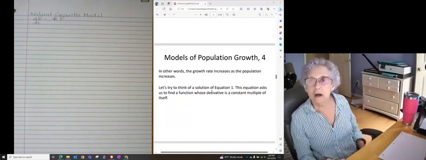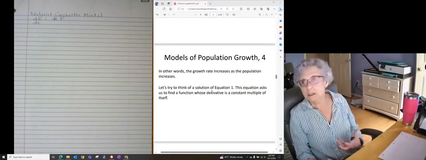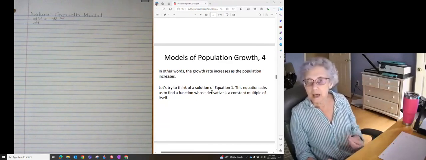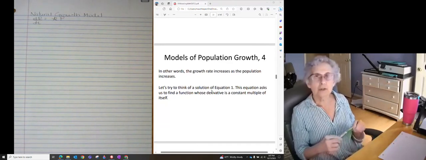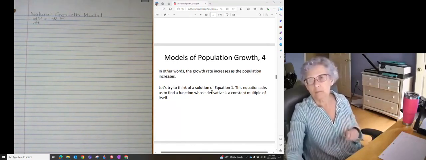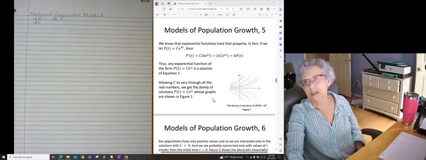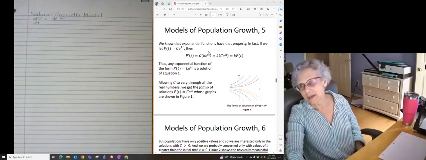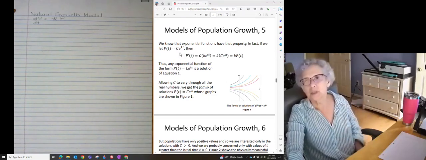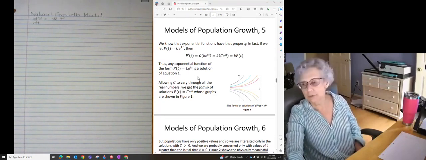Okay, so you want to think about a solution to this. This says that a function whose derivative is a constant multiple of itself. Well, that's the exponential function. So that's why we end up with c times e to the kt as the general solution for that problem.